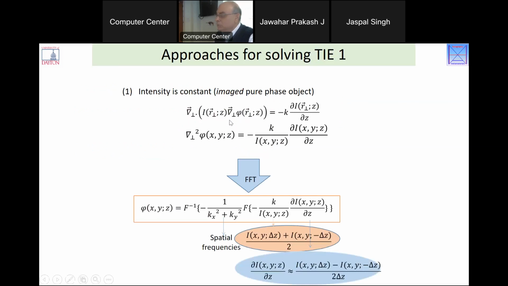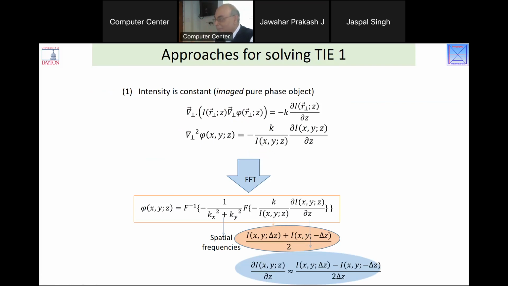Because if that is true, then this intensity can come outside the del operator. That's a big help. Because if the intensity comes out, then you can take it to the other side and write it like this. People are clever; they push in the fact that it's a function of x, y, and z. Not really true, but approximately true.